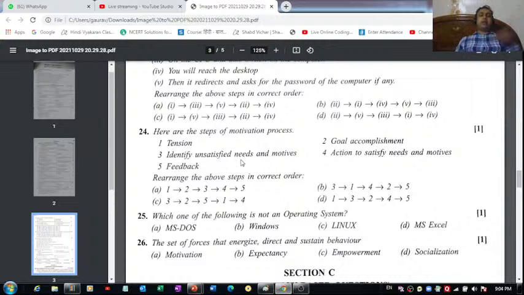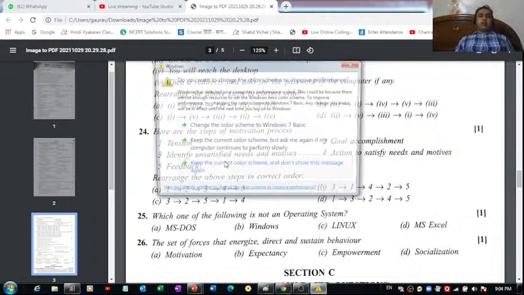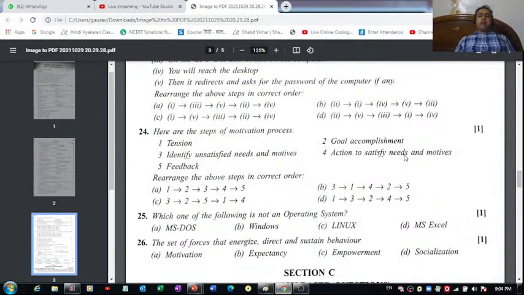You remember in the AI project cycle, we first scope the problem, and it is very similar to the statement mentioned against this third point. So the third one will come first. After this, tension will come, and then action to satisfy needs and motives. We need to perform some action, right?